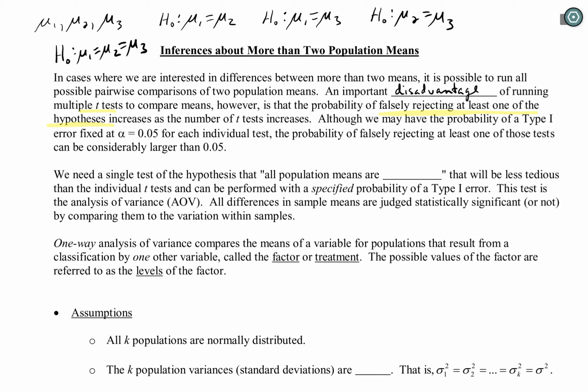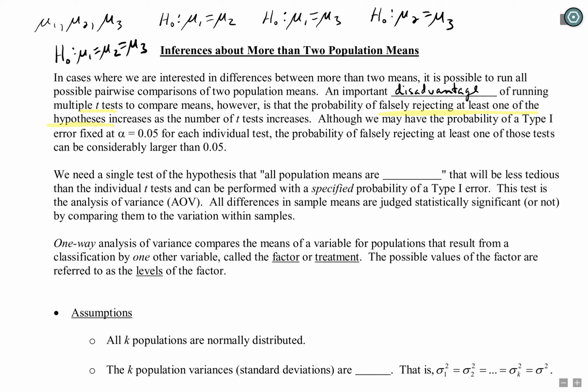You can look at your book for some examples of that, but we want to be aware of it. That's a major disadvantage. The overall type 1 error rate when you do multiple t-tests can be considerably higher than 0.05, and so we need a way to control our type 1 error rate.